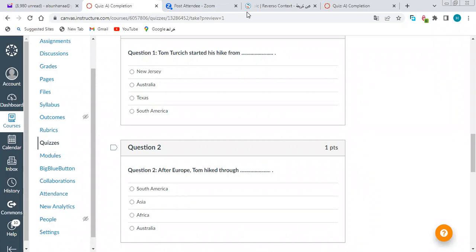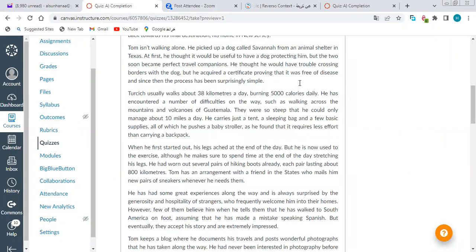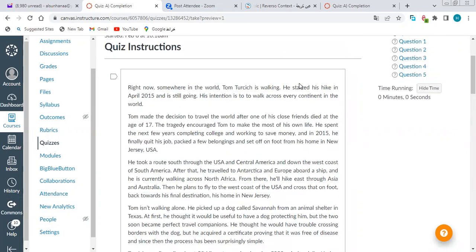After Europe, Tom hiked through South America, Asia, Africa, or Australia. And again, the passage here. Maluk, do you know the answer?